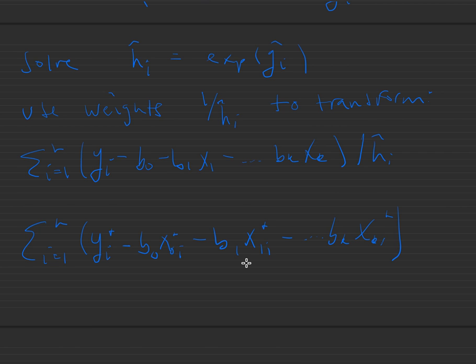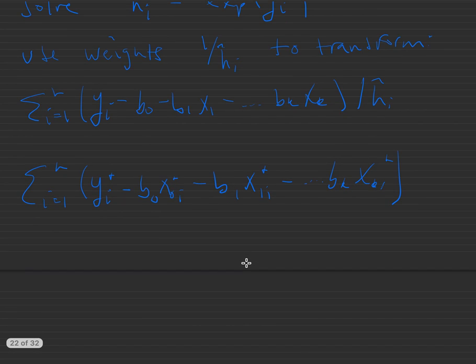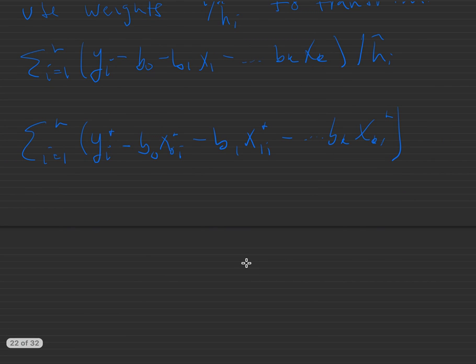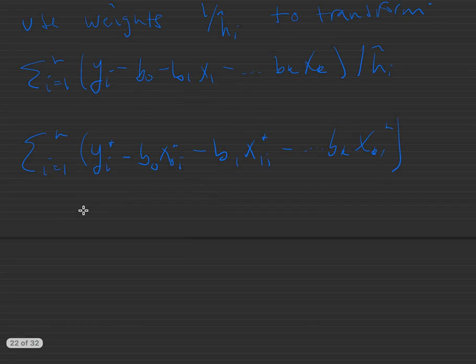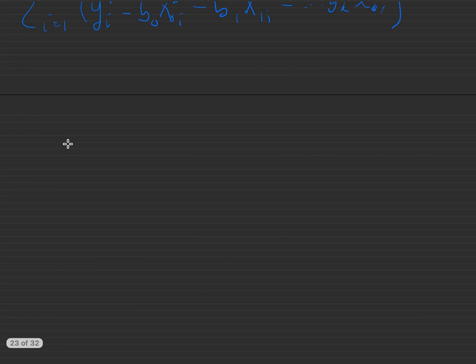Now, some words of caution using feasible GLS. Using h, not h hat, WLS is BLUE.